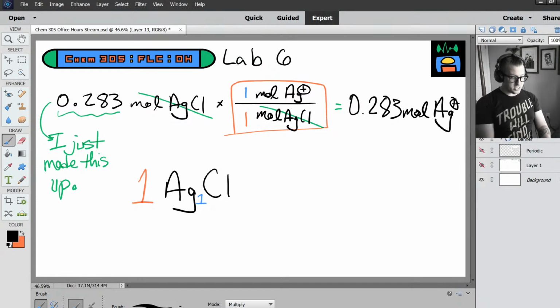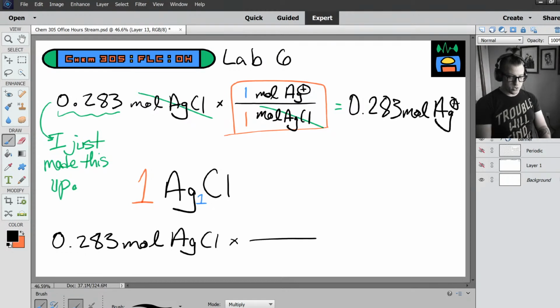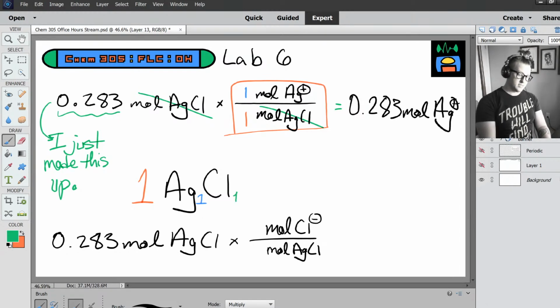We can do this exact same thing for chloride anions. Just like with silver cations, we base our mole-to-mole ratio on the chemical equation for silver chloride. That's how you convert between moles of silver chloride molecules and moles of chloride anions.